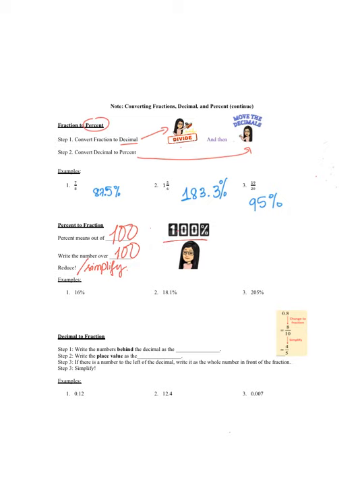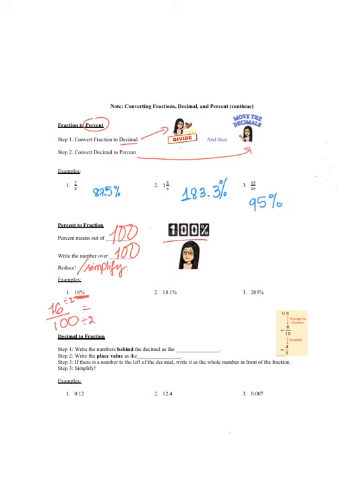Okay? So let's start with number 1, 16%. So I need to convert percent to fraction. That means we have 16 out of 100. And we need to simplify it. So I'm gonna divide the top and bottom by 2.